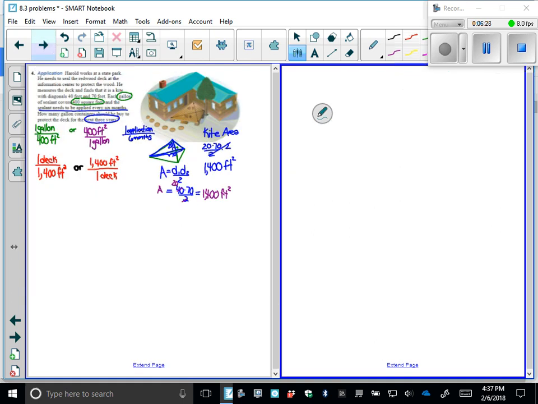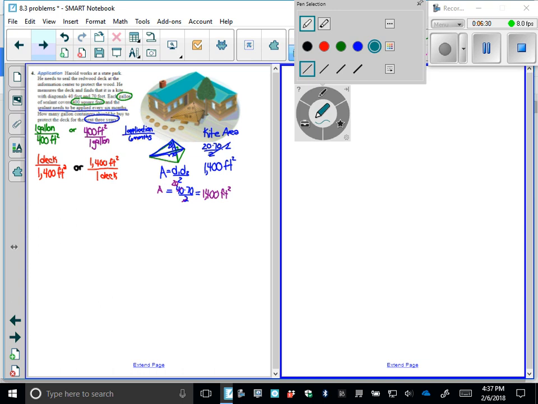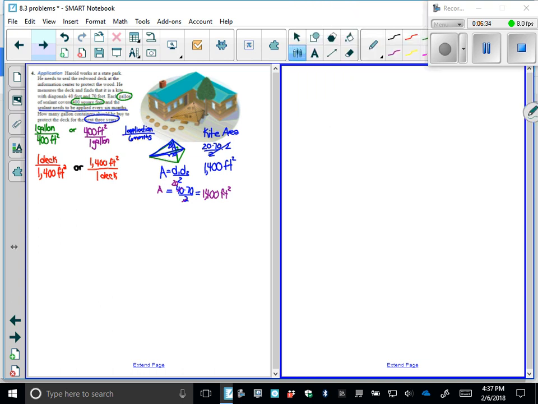One idea is to think through really what the question is. And the question was, how many gallons should I buy to protect the deck for 3 years? So I think it's probably safest to just not worry about the 3 years yet and look at the question.